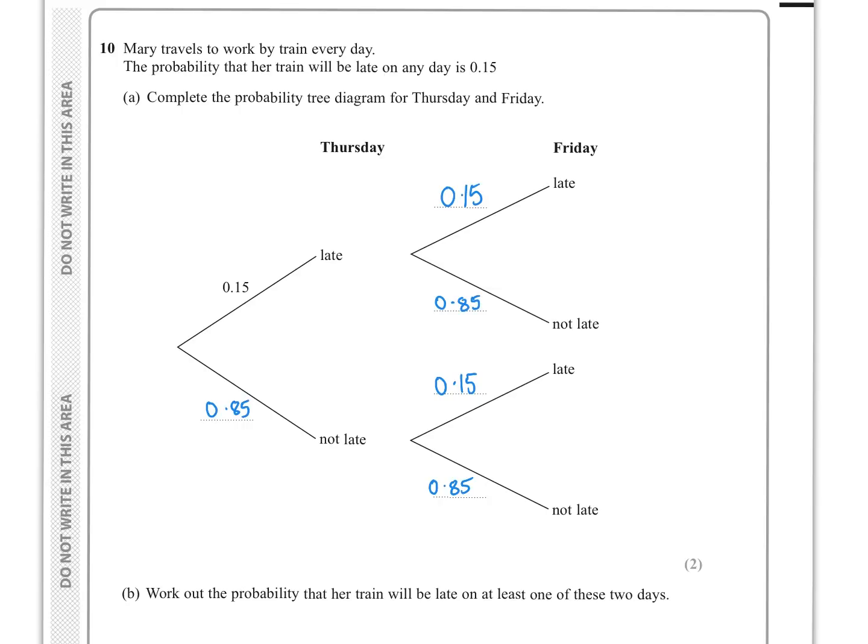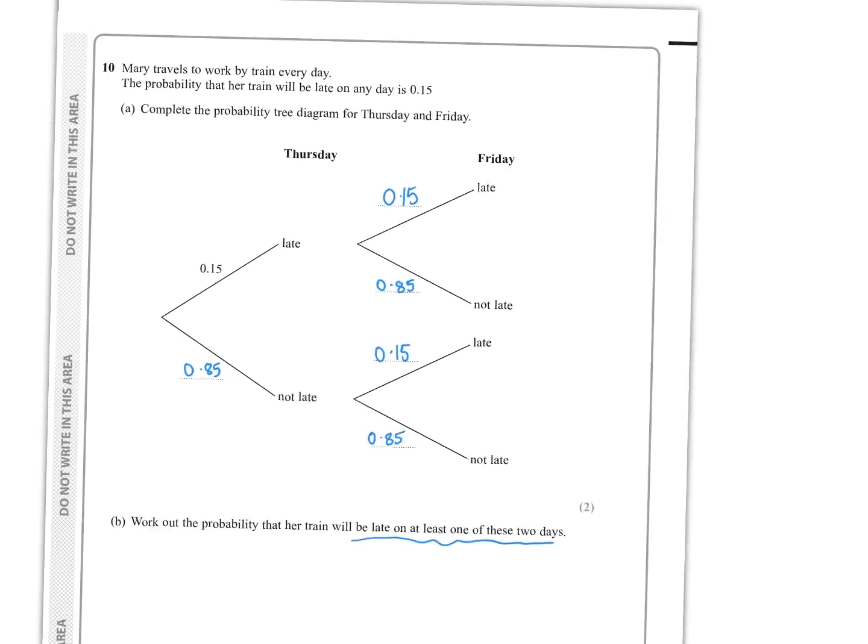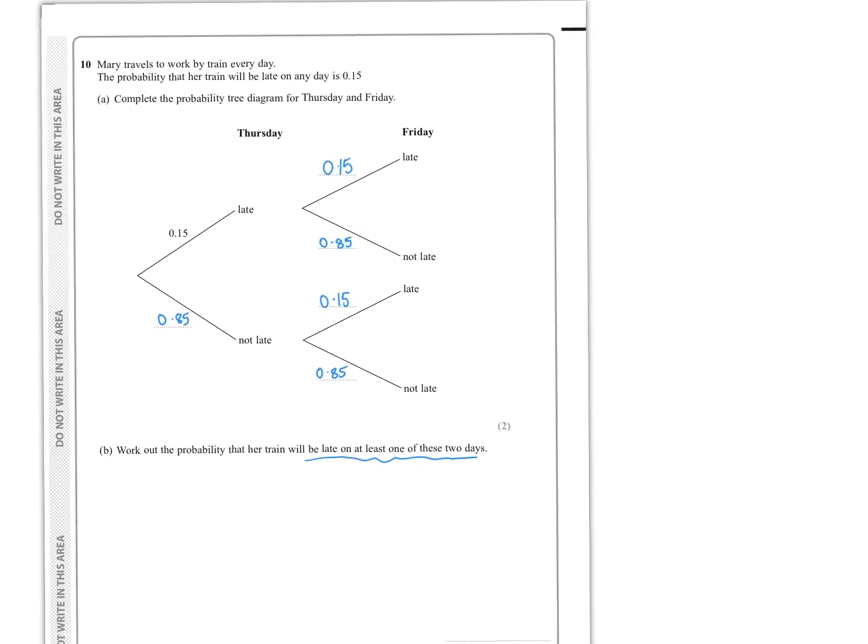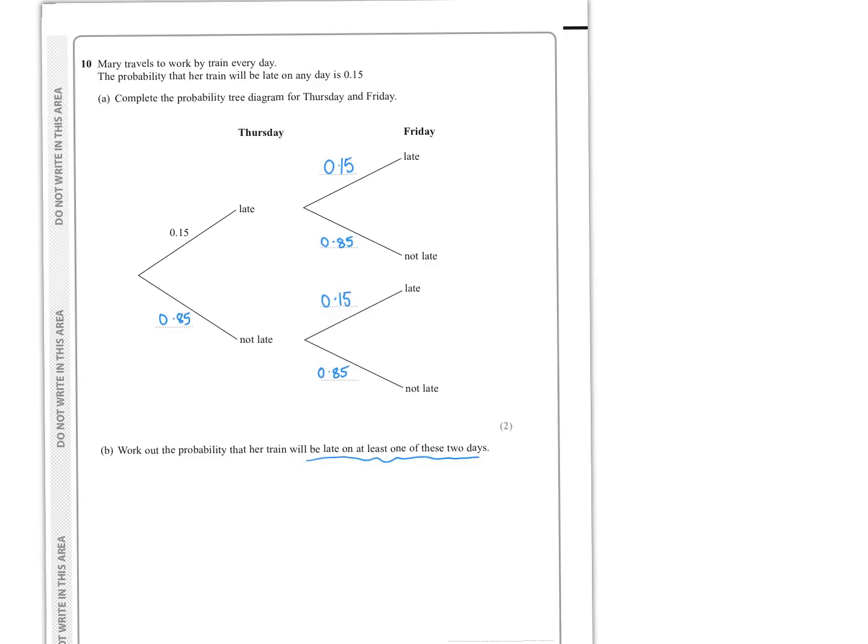It then says, work out the probability that her train will be late on at least one of these 2 days. So let's have a look. Well, to be late on at least one of those days would be to get to here, and here.